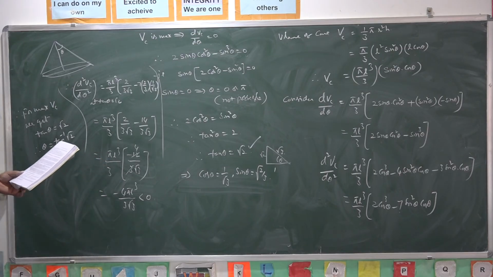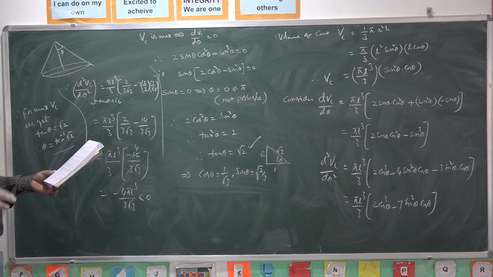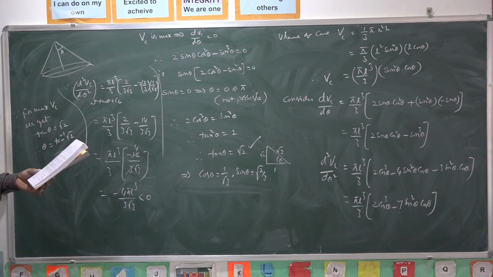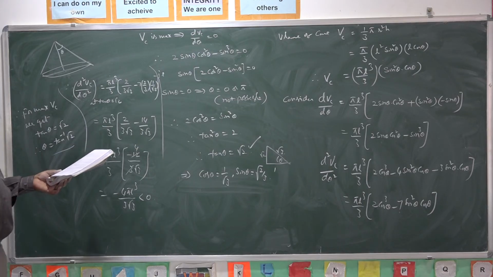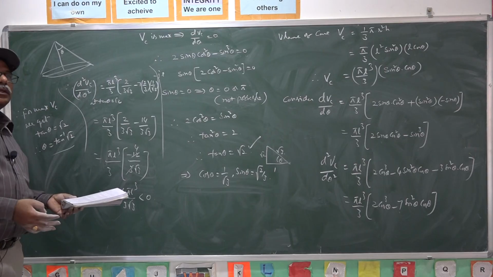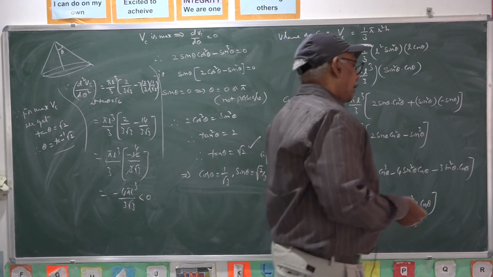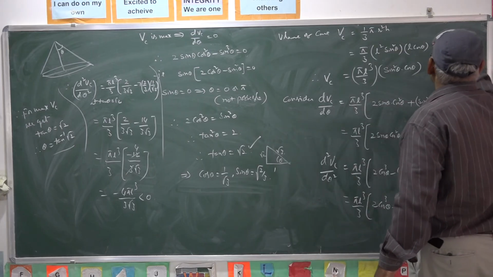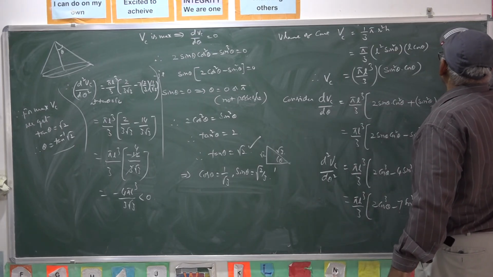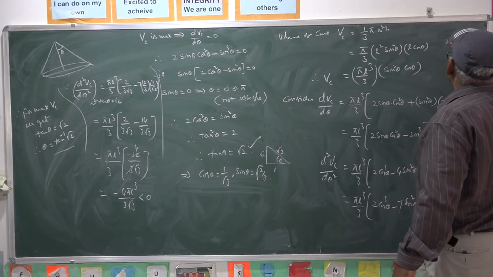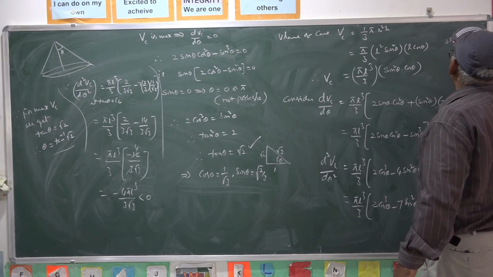In the next question, same model, show that the semi-vertical angle of a right circular cone for given surface area. Instead of given slant height, the surface area is given. Surface area of the cone is 2 pi r L plus pi r square.